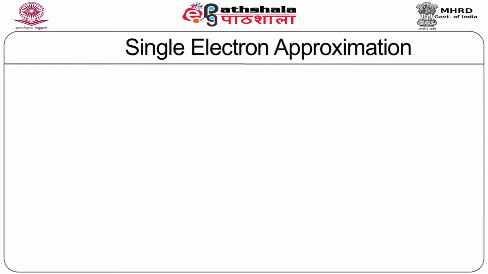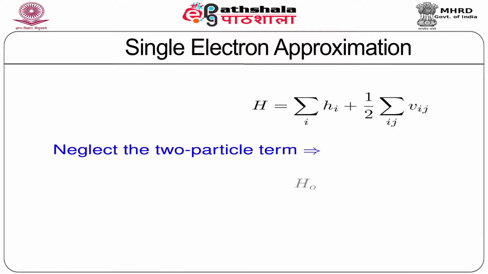The most obvious and simplest possible approximation in solving the many-electron problem is the single electron approximation, where one completely neglects the two-particle term in the Hamiltonian, which is given by the second term, and keeps only the single particle term shown in the first term of the Hamiltonian.